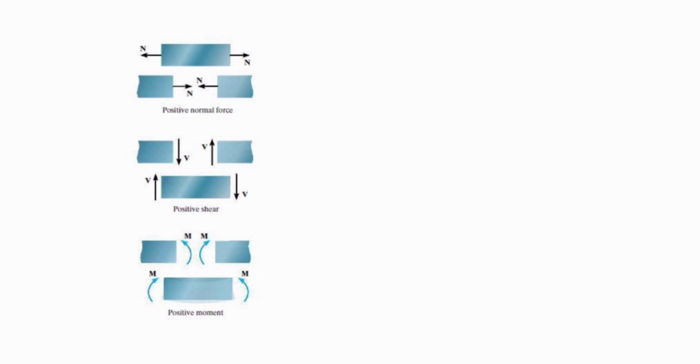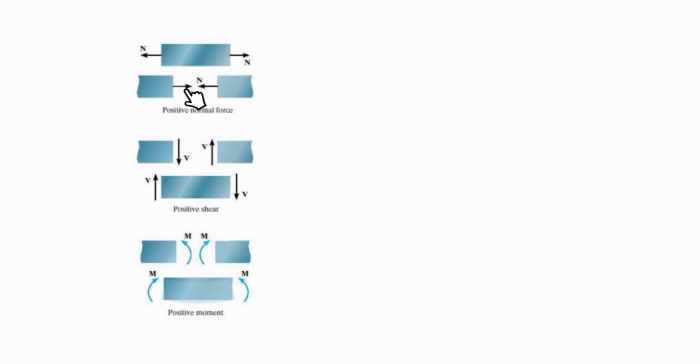Before going through the examples, I want to show you what the positive values are when we are cutting through a beam, and how we define those things. As long as we have tension, for the axial forces, we name them positive normal forces, meaning that if you are on the right side of a beam, the normal force is to the right.